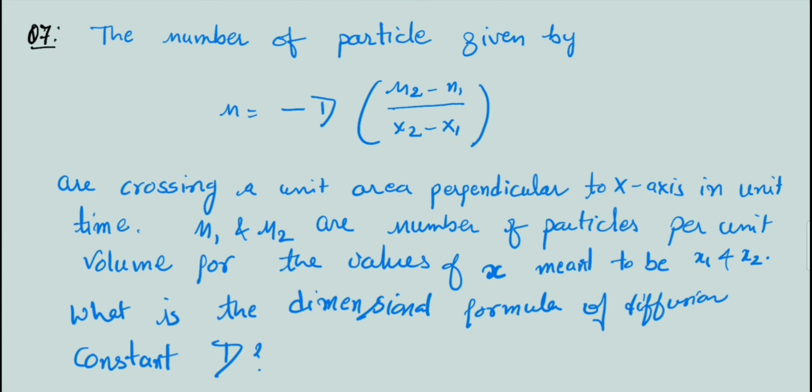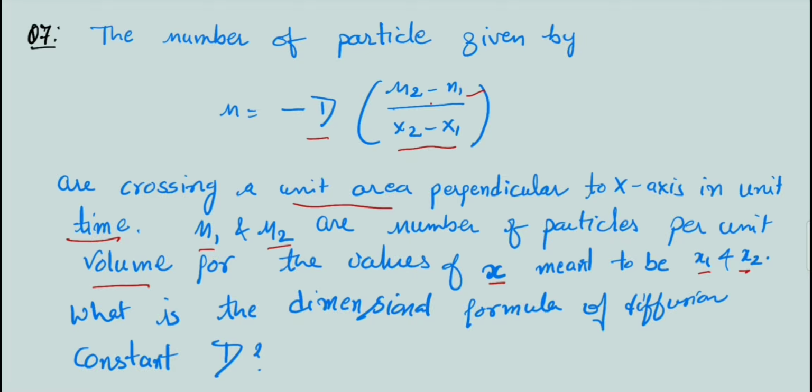The 7th and the last question of this video: the number of particles given by n is equal to minus D times (n2 minus n1 divided by x2 minus x1) crossing a unit area perpendicular to x-axis in unit time. n1 and n2 are the number of particles per unit volume for the values of x meant to be x1 and x2.